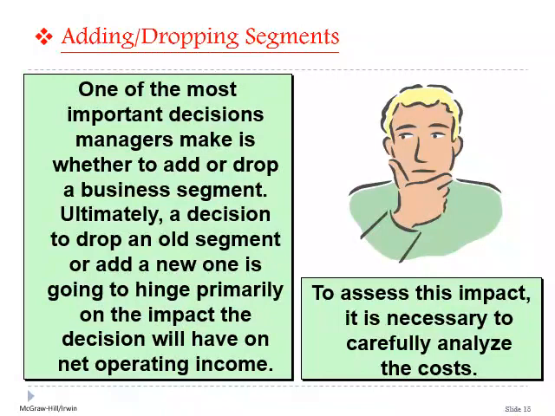Ultimately, a decision to drop an old segment or add a new one is going to hinge primarily on the impact the decision will have on net operating income. So when dropping the segment increases the net operating income, the decision will be to drop this segment.